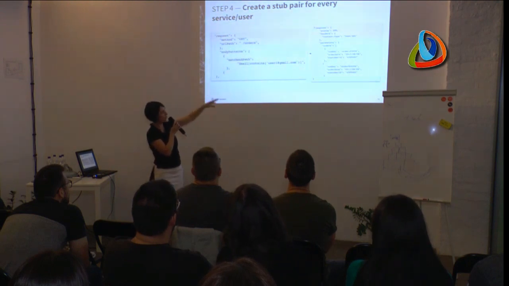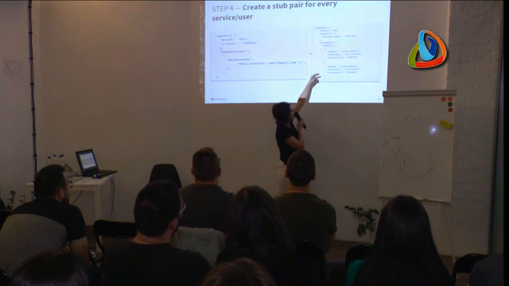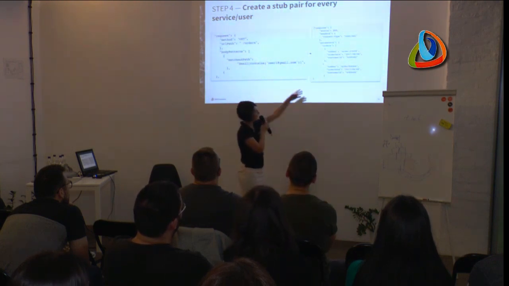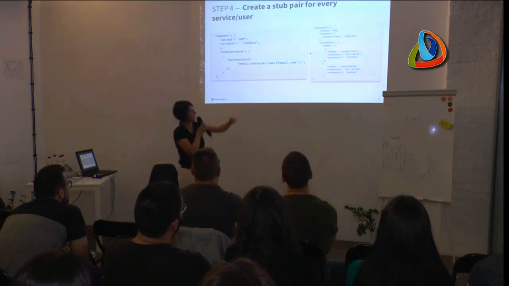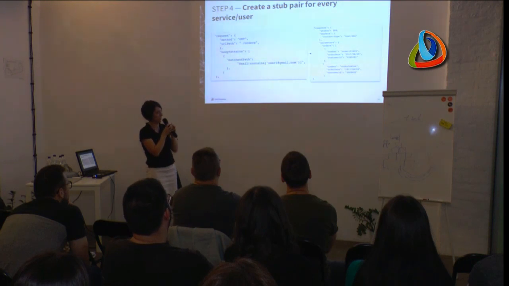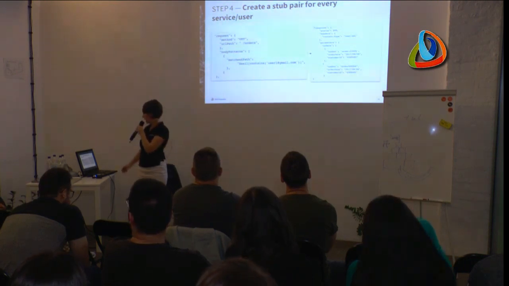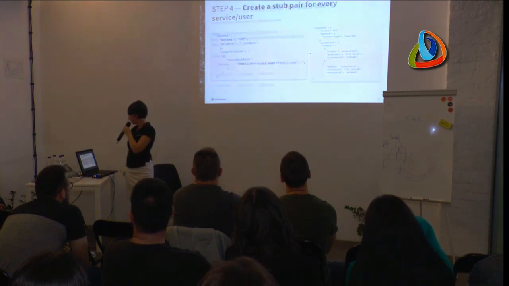The user who created 2 orders with such order dates and such customer ID. And that model provides us the possibility to test all that for our services and our UI. That was step 4.